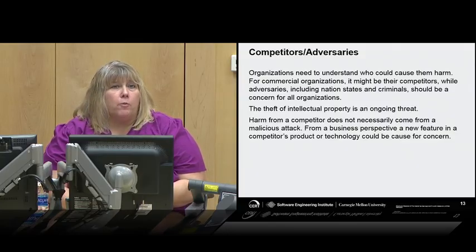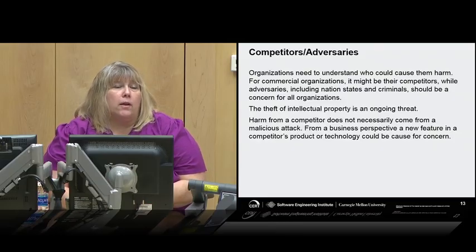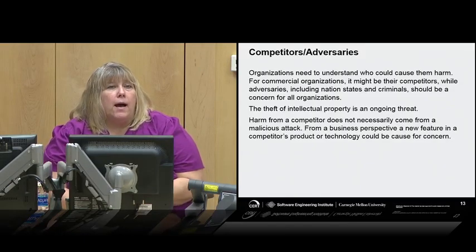If you're a government organization, there may be some elements within your country who don't like your policies, and so may be performing acts of protest or even acts of terrorism against your organization and its critical assets. It could be nation states performing national security espionage.